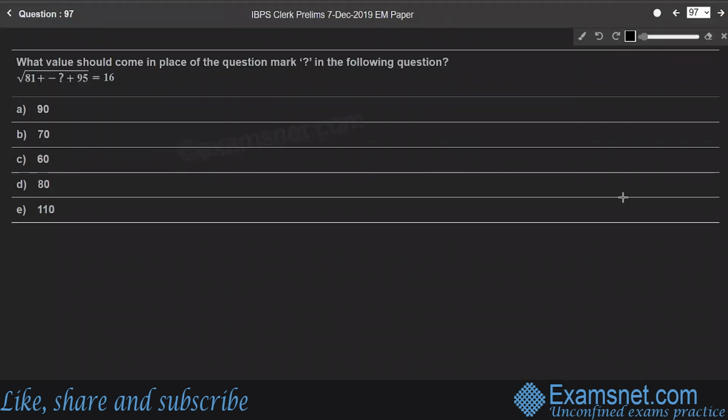Question 97. What value should come in place of the question mark in the following question? Here, the square root of 81 plus some number, let the number be x, plus 95 is equal to 16.